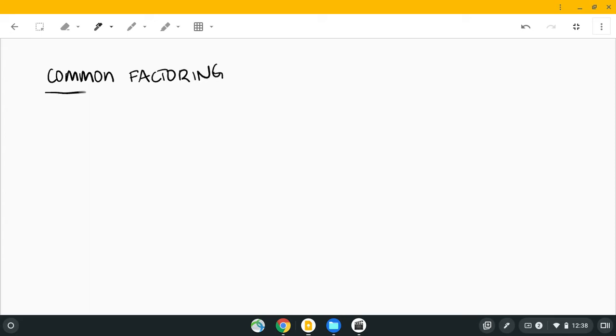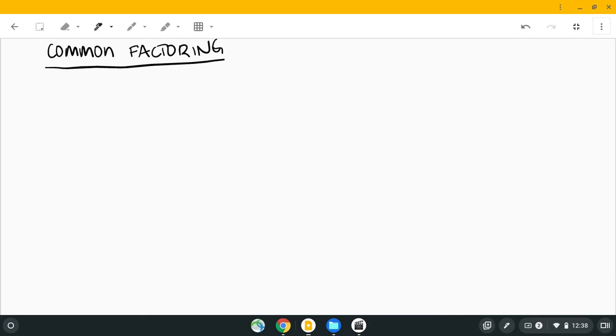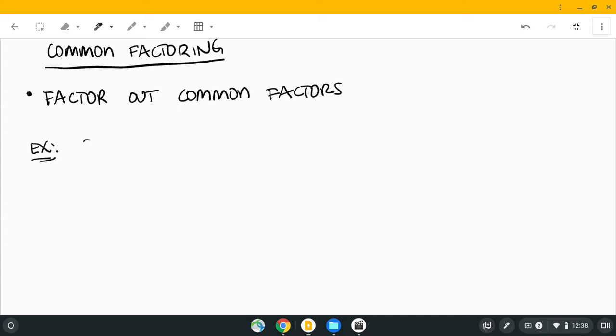Okay, so with common factoring, what you're doing here is trying to find if there's anything in common that the terms have. You're going to factor out the common factors. For example, suppose that I have 3x squared minus 6x.